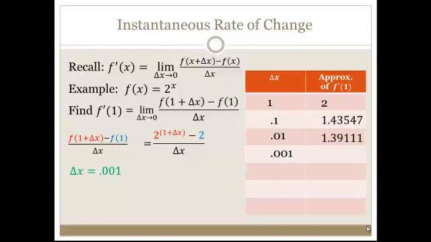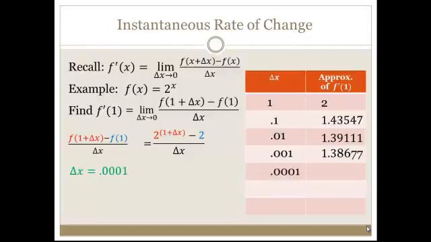Continuing on, we look at delta x equals 0.001. Here we approximate f prime of 1 as 2 to the 1 plus 0.001 minus 2 over 0.001, which comes to 1.38677. Notice as we add this to our list that our approximations are getting closer to each other.